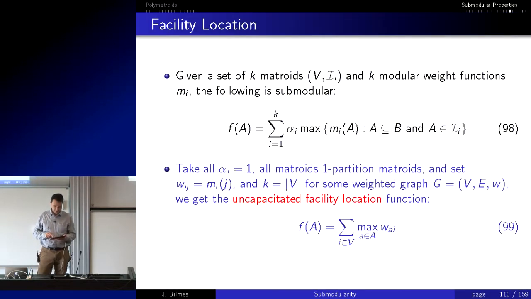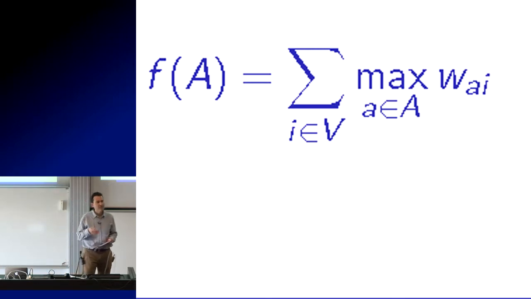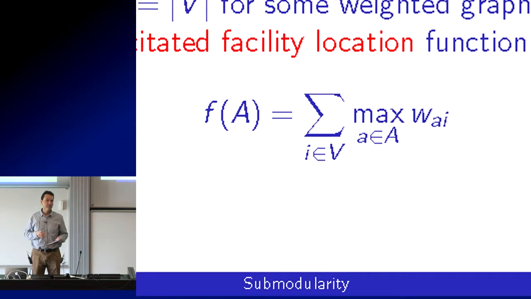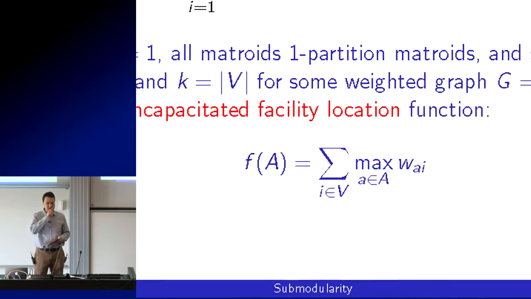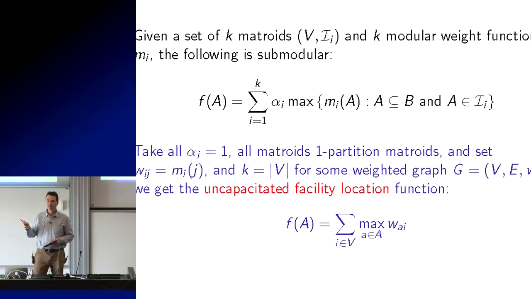And so I'm going to skip over to another one that's very famous, and this has been used and was developed in the context of operations research. This is the facility location function. This is a function that corresponds to when, for example, there are a number of cities that are connected by a road network, and you're considering building a factory at some subset of the city locations.